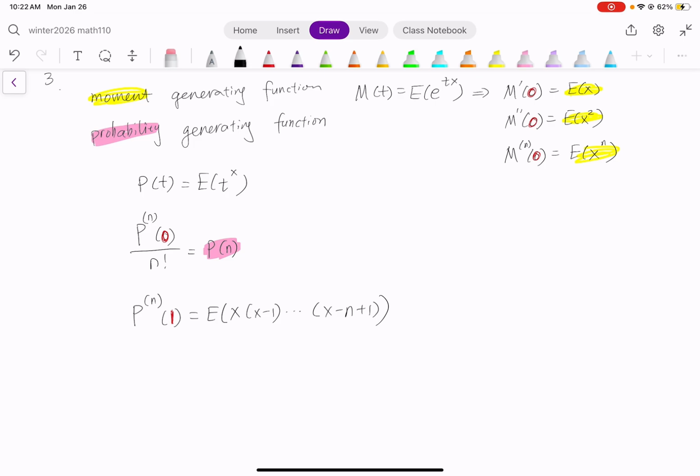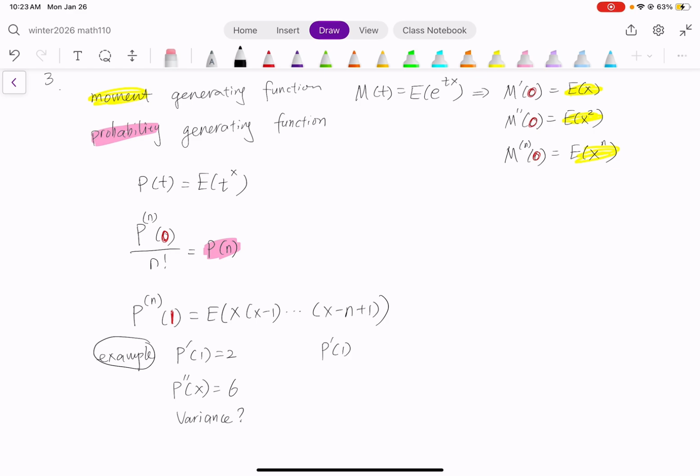Now I'll give you a numerical example. Say you're given P of 1, plug in 1, you get 2. And P taking the derivative 2 times, plug in 1, equals 6, and it asks you what is the variance. Now you need to know what P is, which represents the probability generating function.